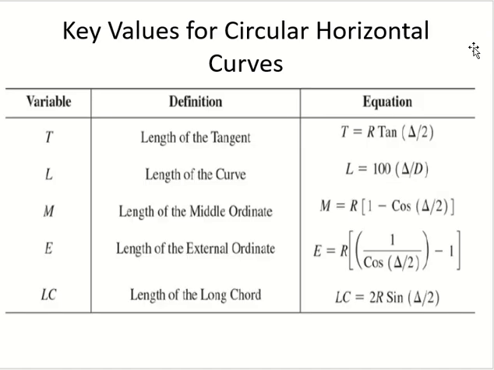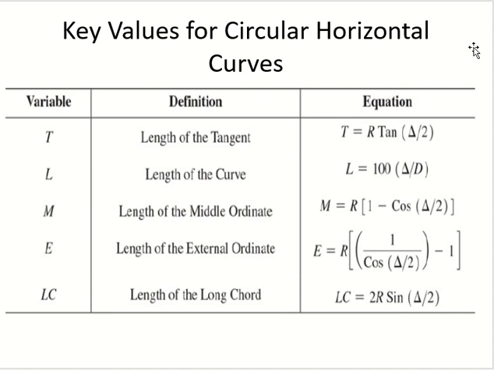To calculate these parameters, we use these equations. These equations provide you most of the parameters written there: length of tangent, length of the curve, length of the chord, middle ordinate, external ordinate, and so forth. What are the two things which you need in almost all of them? Delta and R, right? Delta, you have to measure in the field.